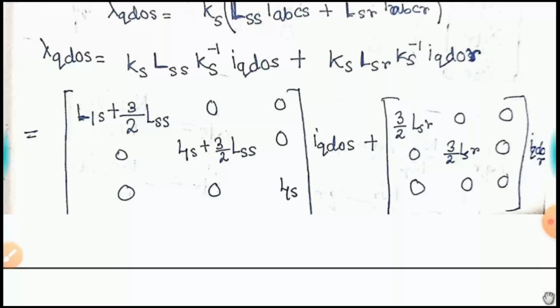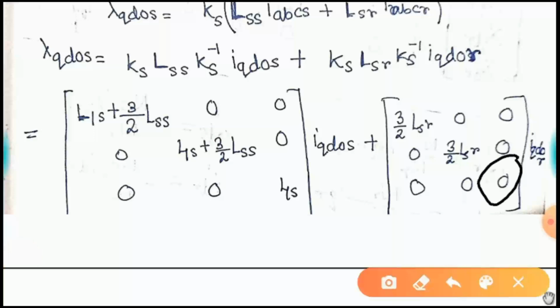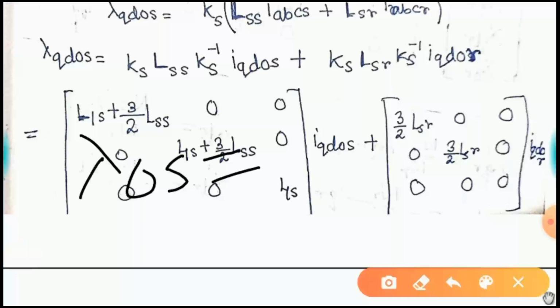And also, if you have noticed one interesting thing, the last component is zero. That means if you write the equation for lambda naught s, the zero sequence component, it only depends on i naught s.